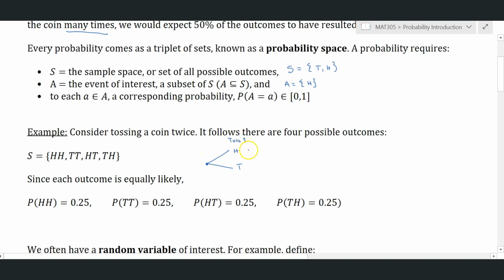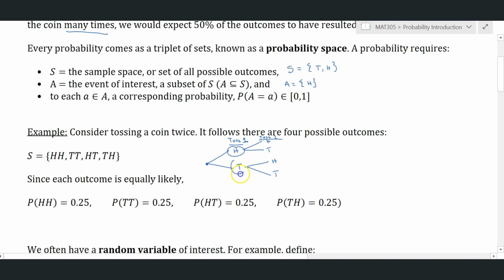And then let's just say you tossed a head on the first toss. Well, from there you could still get a head or a tail on the second toss. This would be for toss 2. And similarly, if you were to have tossed a tail for the first toss, you could still get heads or tails for the second.